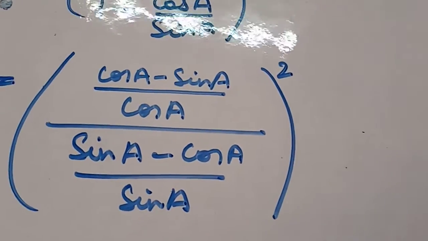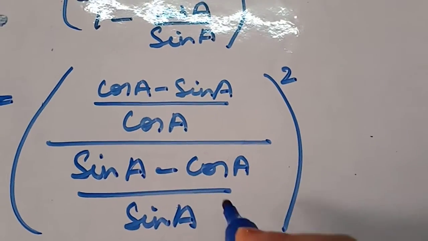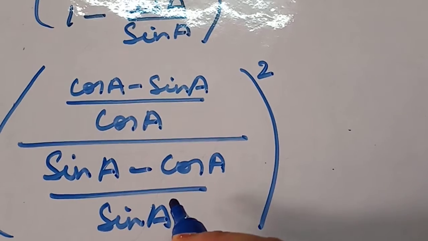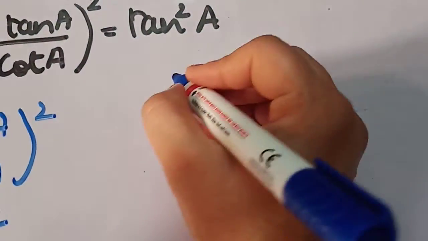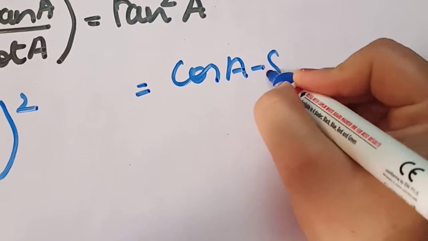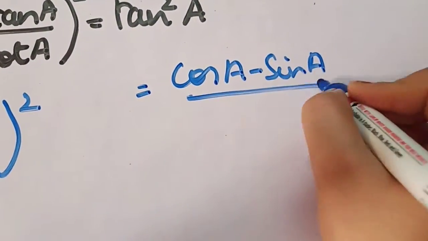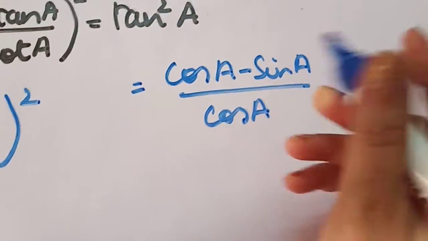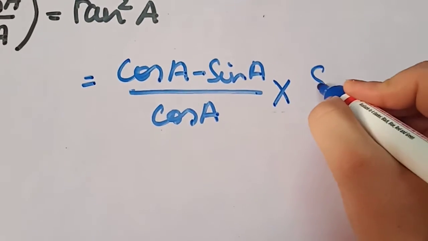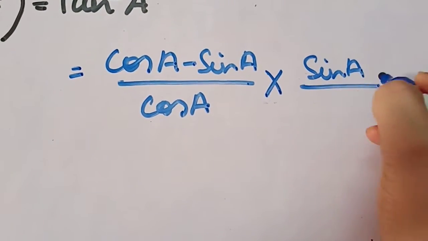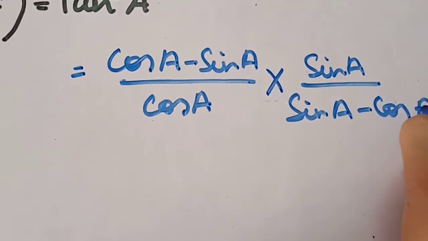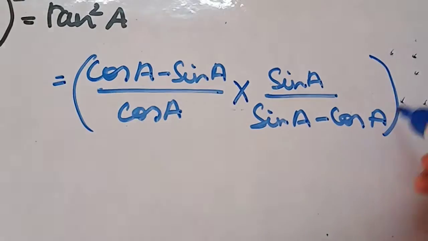Now numerator and denominator, how can we write it? We can write it as cos A minus sin A upon cos A. This is your numerator, then multiply, the denominator becomes converse, that is sin A upon sin A minus cos A, and the whole square is there.